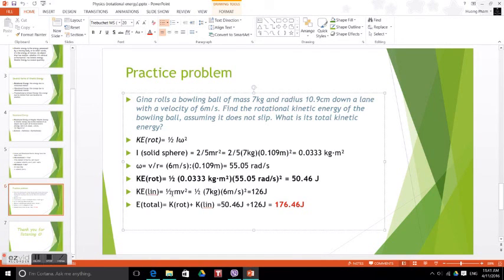We plug in the numbers and we get 126 joules. Now we can find the total kinetic energy, which is the sum of rotational and linear kinetic energy. We add 50.46 and 126, and this is the total kinetic energy.